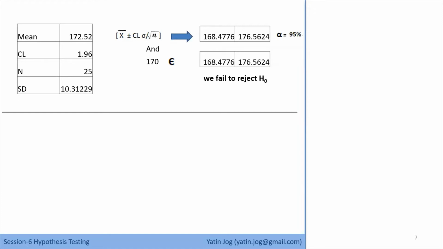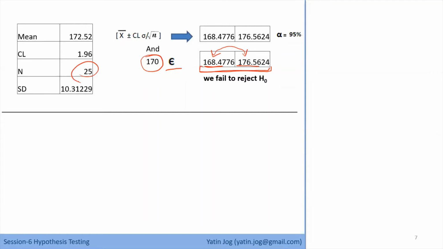So I need to test whether my H0 belongs to my 95% confidence interval. The accepted range of values at 95% is between 168.47 and 176.56. If I'm considering the mean of all those 25 pieces, all these values of means are accepted. So if one item out of 25 has a value of 168.5, I'll accept that item as part of the consignment.